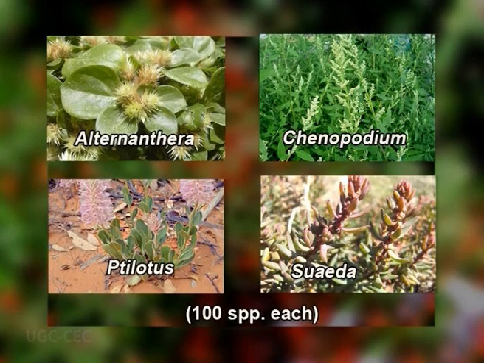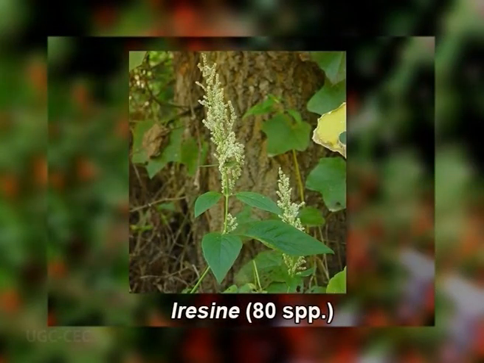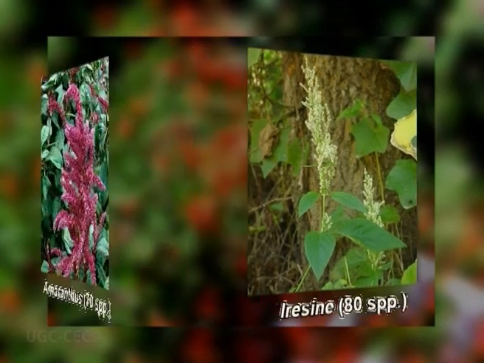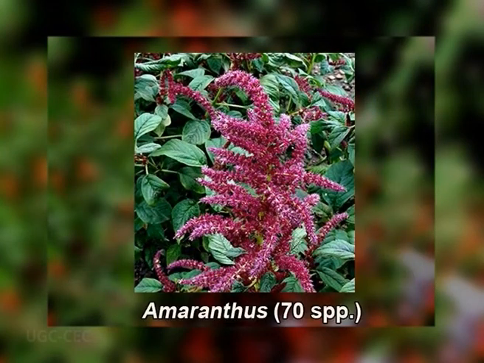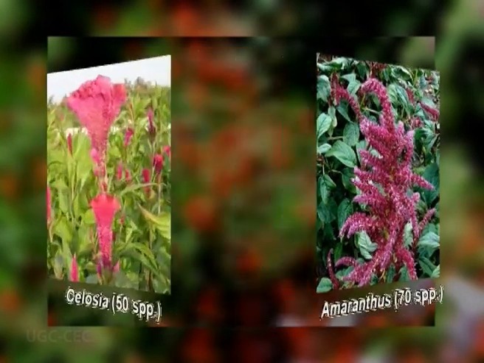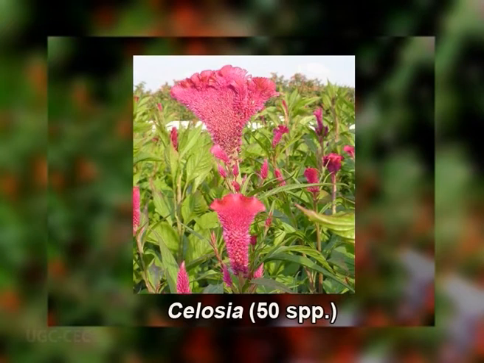These are followed by Alternanthera, Chenopodium, Tidestromia, Suaeda, each having 100 species. Then Iresine having 80 species, followed by Amaranthus with 70 species, and lastly Celosia with about 50 species.